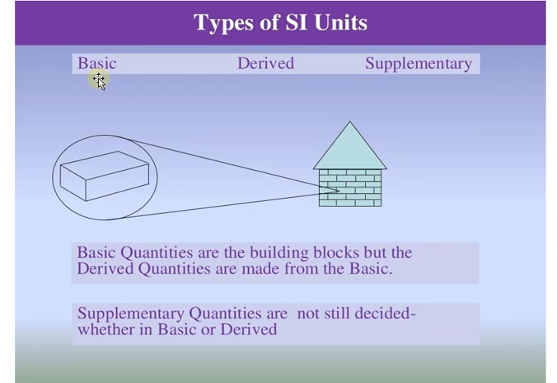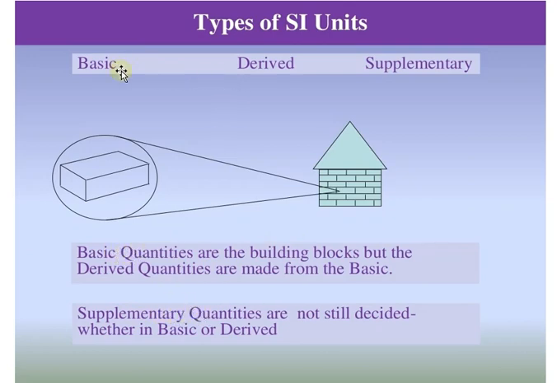Now, the basic quantities are the basic building blocks, or simply we can say that the basic quantities are those that are not defined in terms of other physical quantities, whereas the derived quantities are those that can be described on the basis of basic quantities.